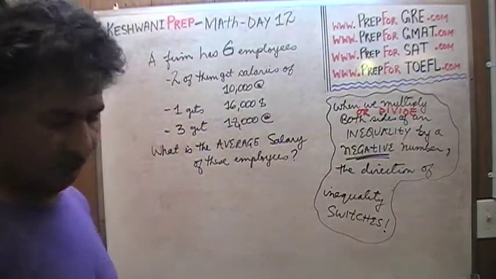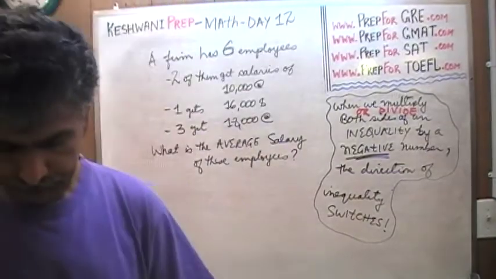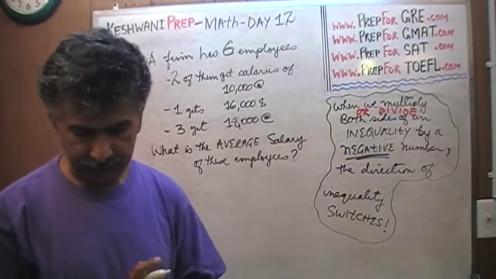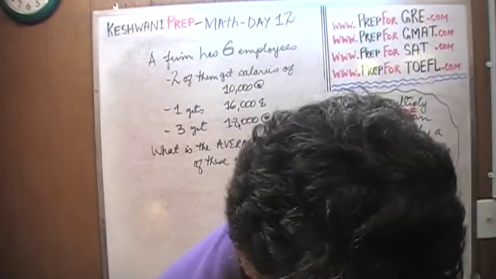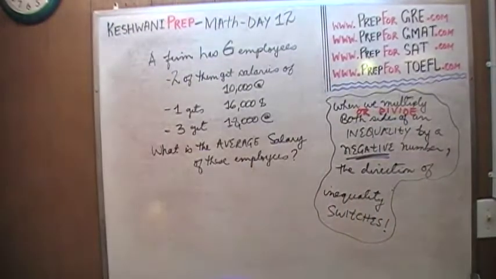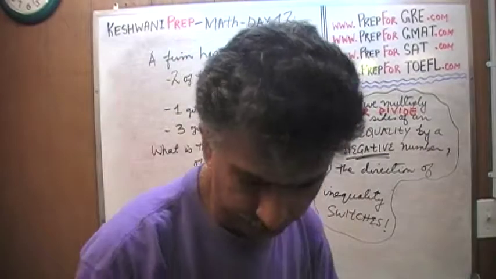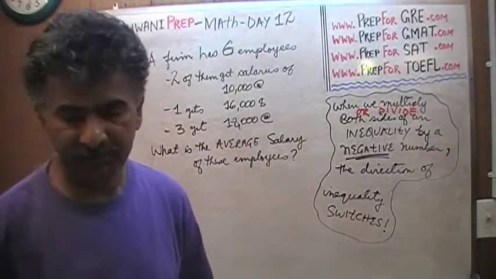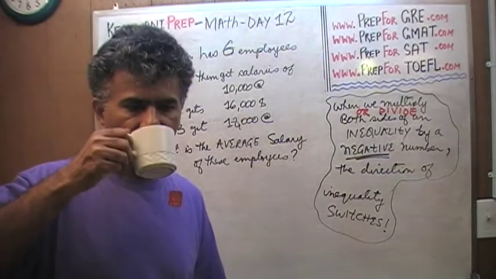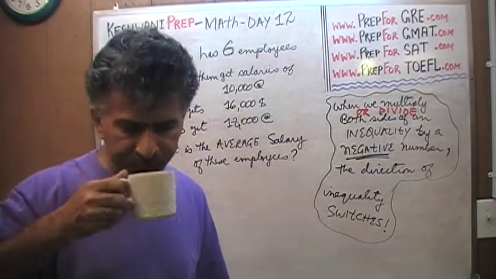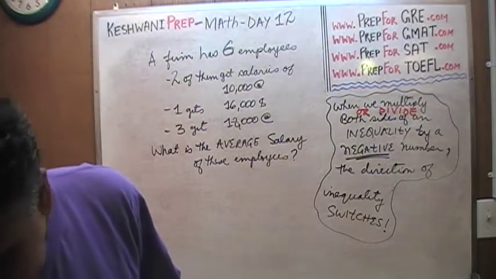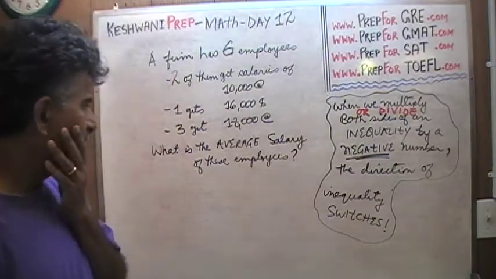The firm now has 6 employees. How did that happen? I already told you how it happened. I'm not a math person. The question simply is, what's the average salary of these 6 people?